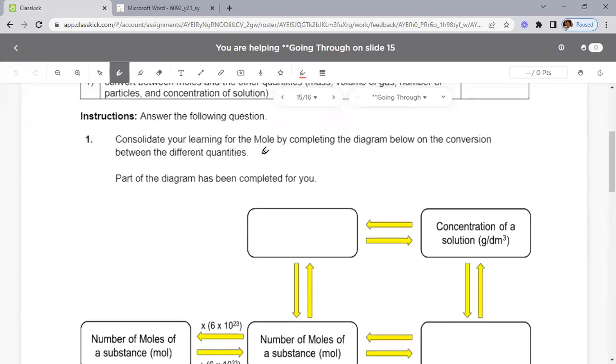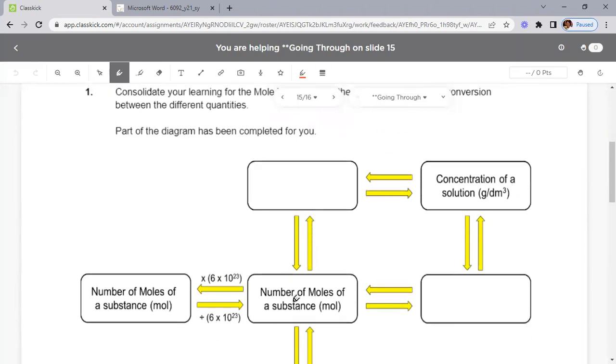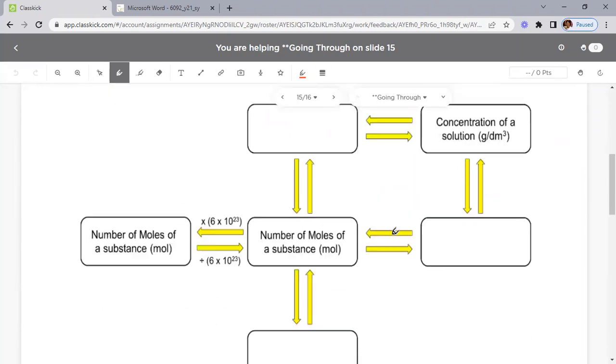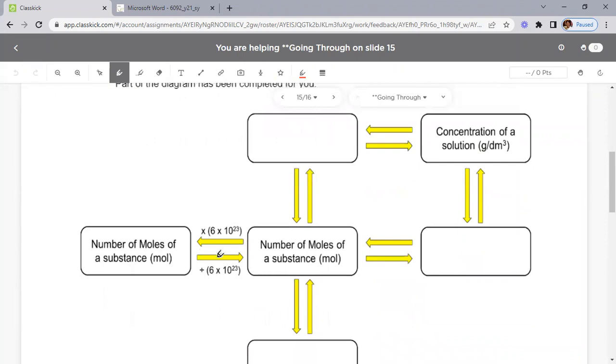So this is a diagram here. I want you to consolidate how to convert between the various quantities. I'm going to show you what you're supposed to do. Each of these rectangle boxes is a quantity that you can convert to.